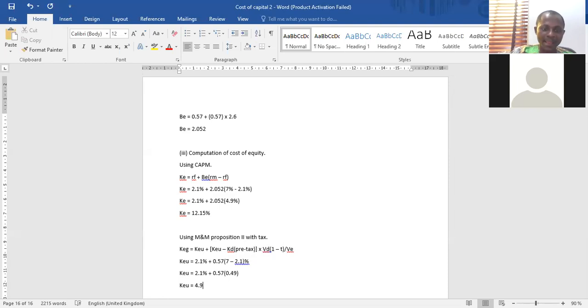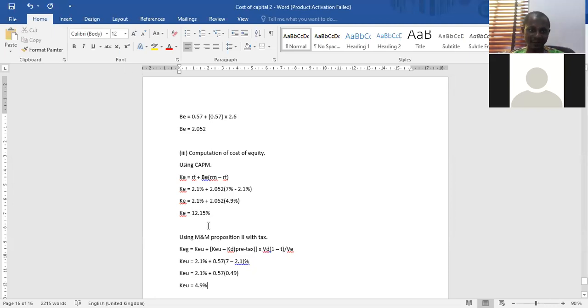4.9%. So any company that is operating in the US as a courier service provider and the company is not having debt, this is going to be the cost of equity of that company because the company is not geared.